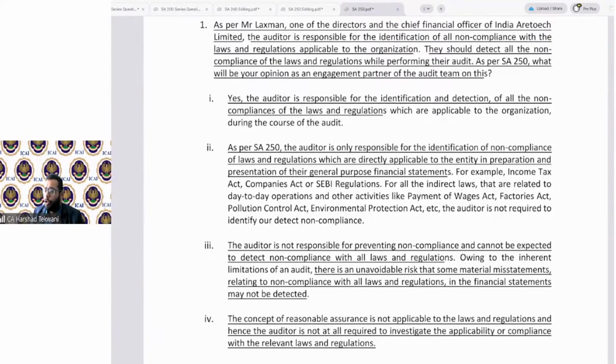Why you have selected that particular option is also important to understand because that will enhance your concept. I can choose one answer, but why that answer? That is very important.